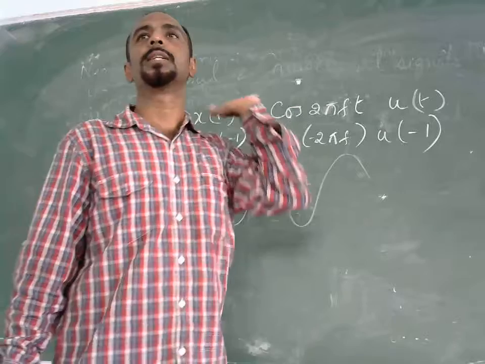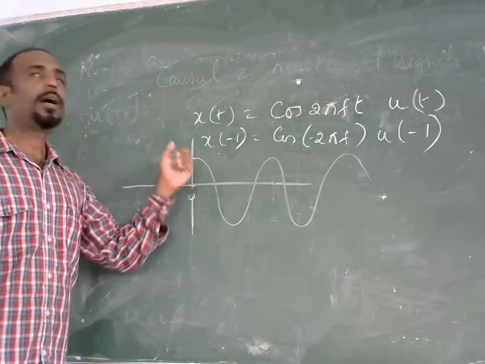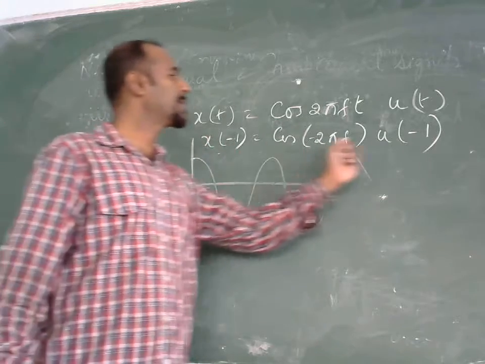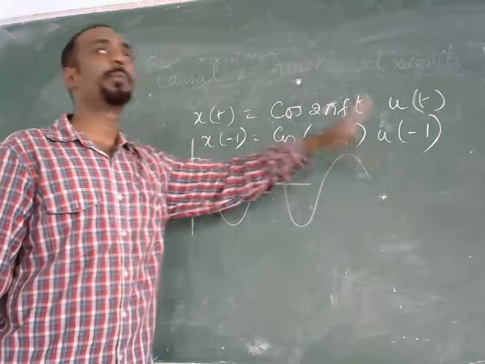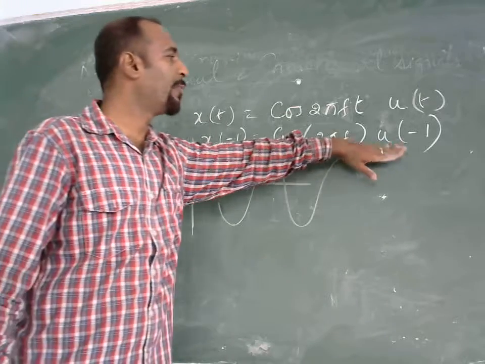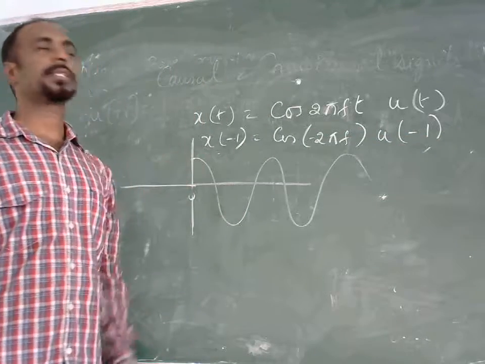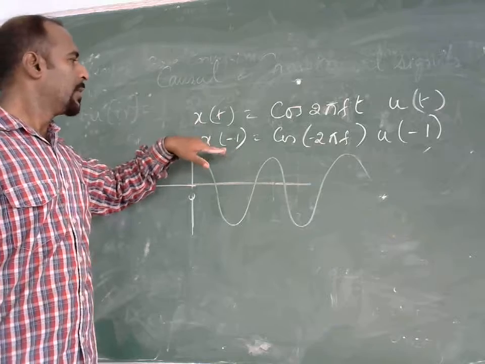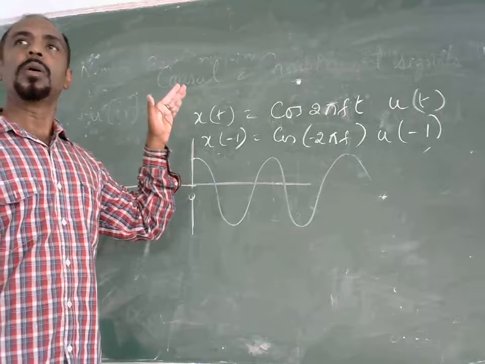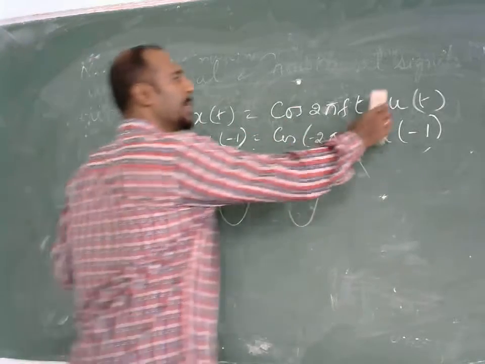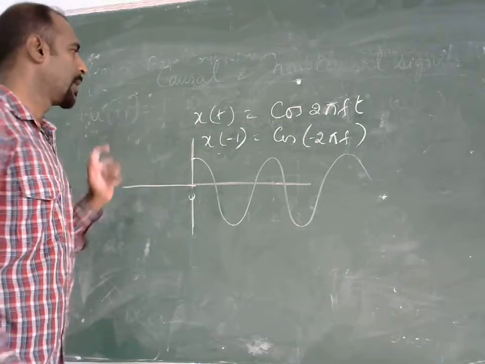When you multiply both of these, it is 0. So therefore, we say that the signal is a causal signal, and this is the proof. You put any other negative values, the signal value will be 0. Why? Because you have multiplied with the u of t function. So when we multiply with u of t function, the signal becomes a causal signal. Otherwise, the simple periodic signal is a non-causal signal.